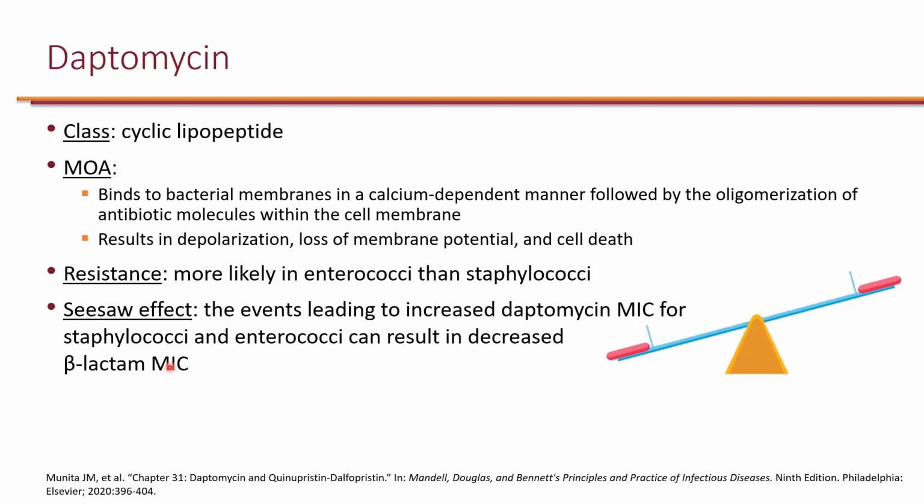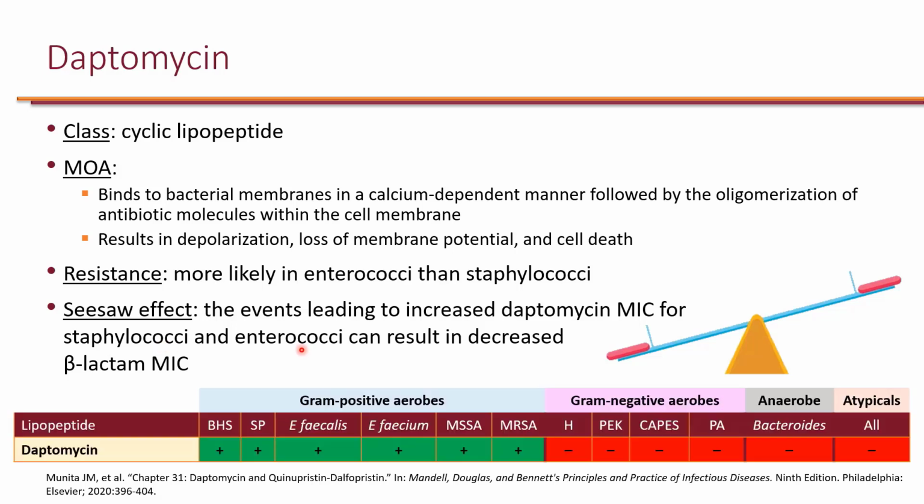And this is not just unique to daptomycin, the same effect also applies to vancomycin. So if you were to combine vancomycin with a beta-lactam, there would be a seesaw effect expected, specifically for staphylococci and enterococci. So here's the spectrum of activity of daptomycin. Excellent activity for gram-positives across the board, and absolutely no activity against gram-negative organisms.